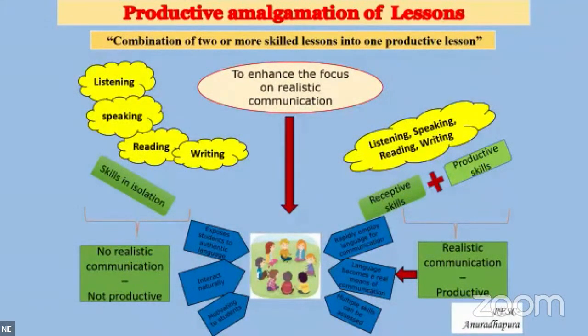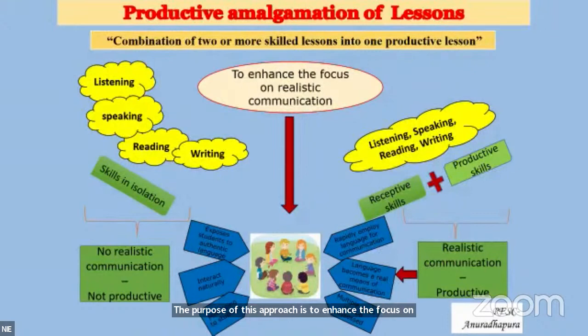Productive amalgamation of lessons in second language teaching can be identified as the combination of 2 or more skilled lessons into one productive lesson. The purpose of this approach is to enhance the focus on realistic communication.